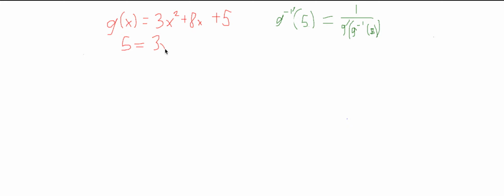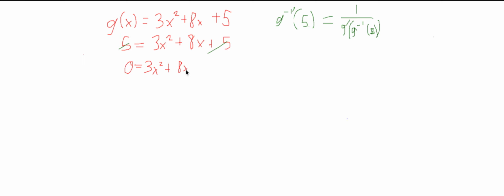And that will be 3x squared plus 8x plus 5. And the 5's cancel out, and that leaves 0 equals 3x squared plus 8x.